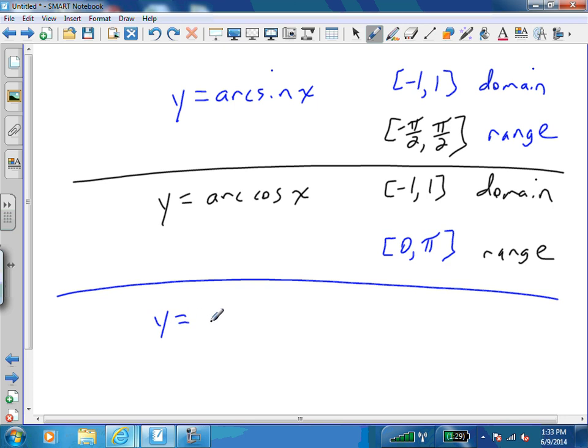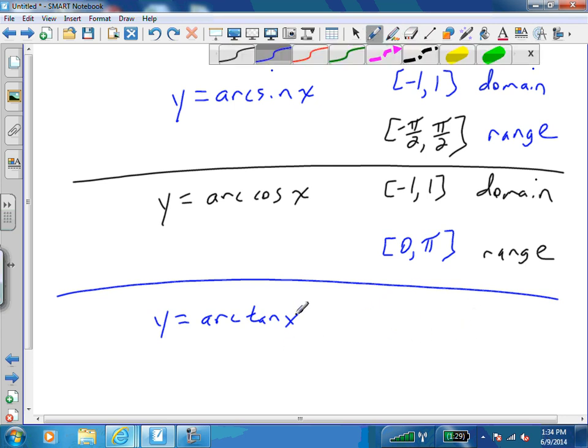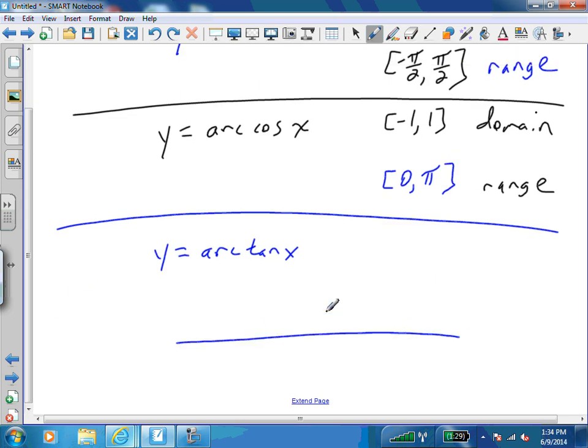For tangent, let's see, tangent is sine over cosine.